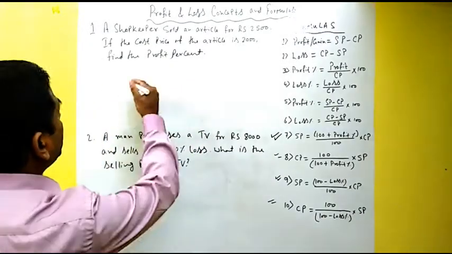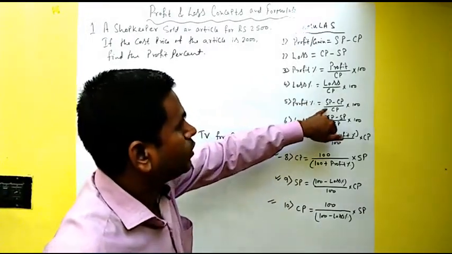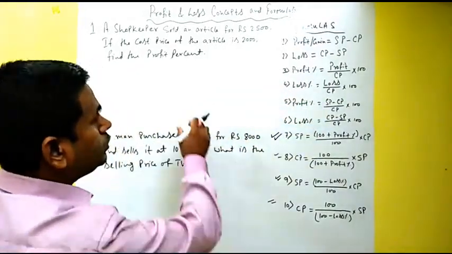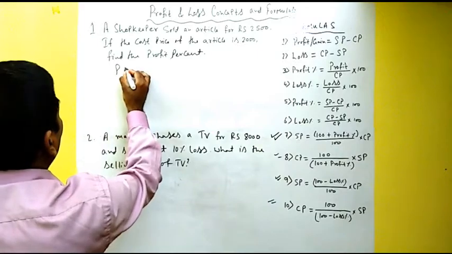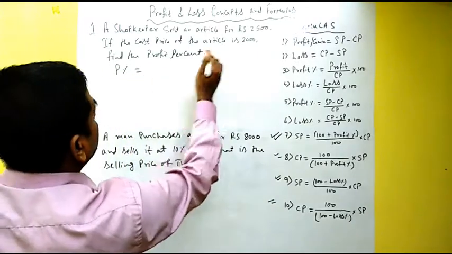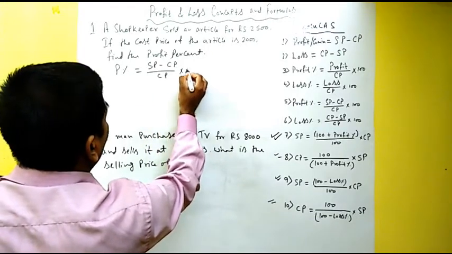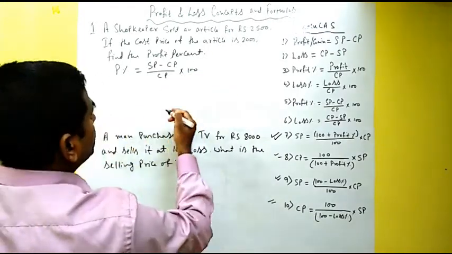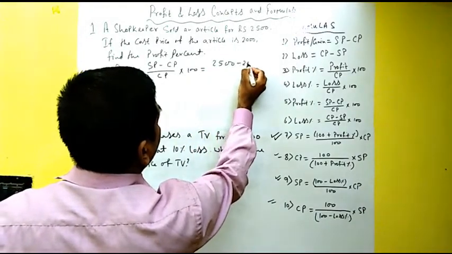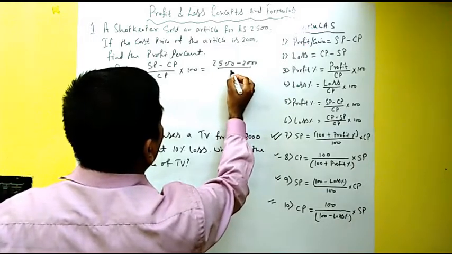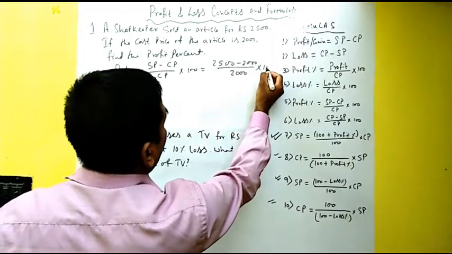So directly we can use this formula, because profit we will not calculate separately, we can calculate directly here itself. Profit percentage is equal to (selling price minus cost price) upon cost price multiplied with 100. So this gives me (2500 minus 2000) divided by 2000, here cost price will always come in the denominator, multiplied with 100.